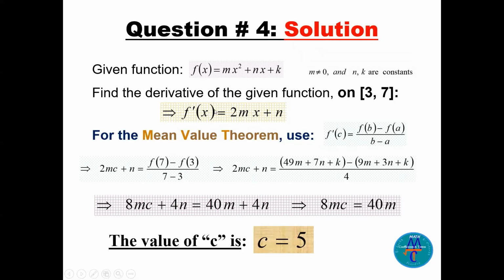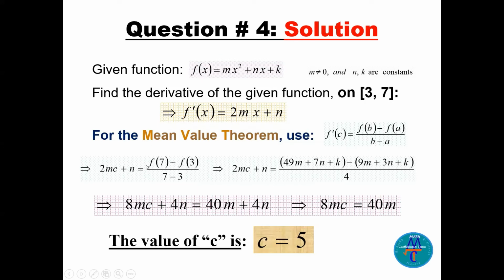So we can directly find f prime of x, which is 2mx plus n. For the mean value theorem, f prime at C will be f of b minus f of a divided by b minus a. F prime at C will be directly 2mc plus n, instead of the x here we put c.